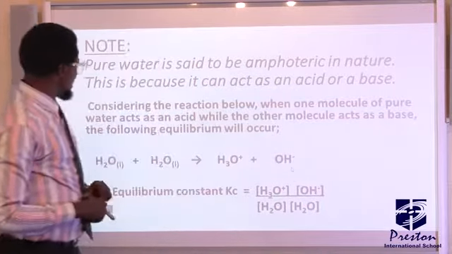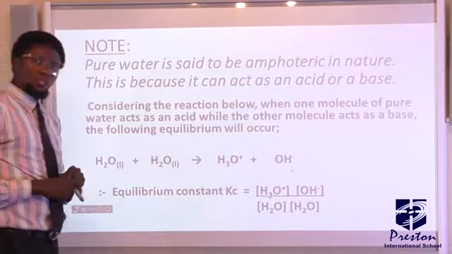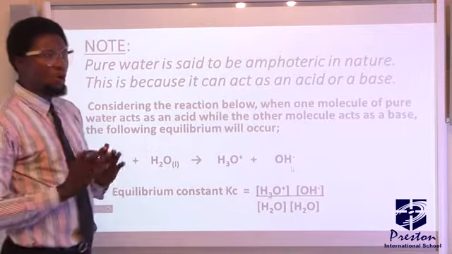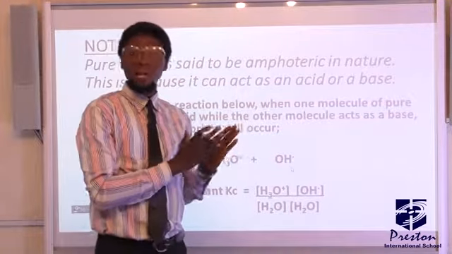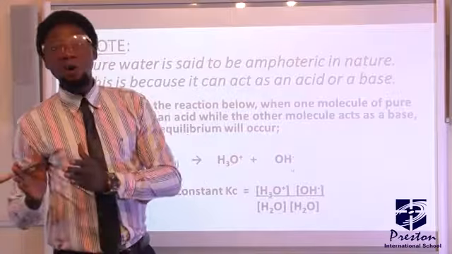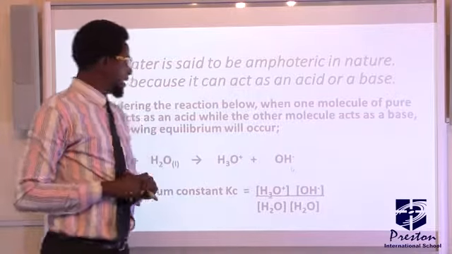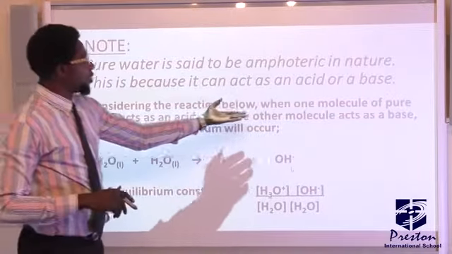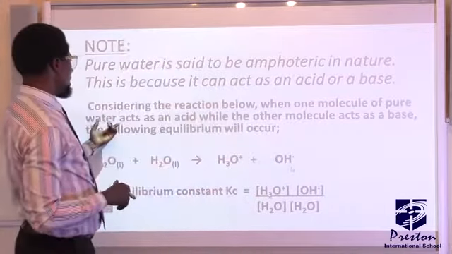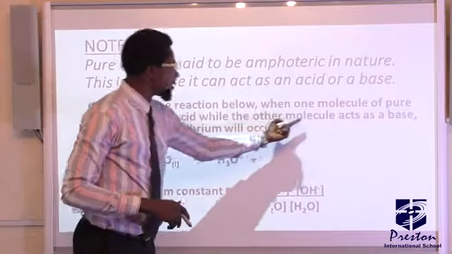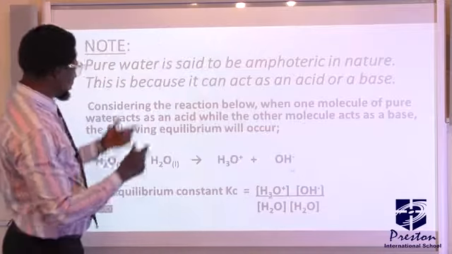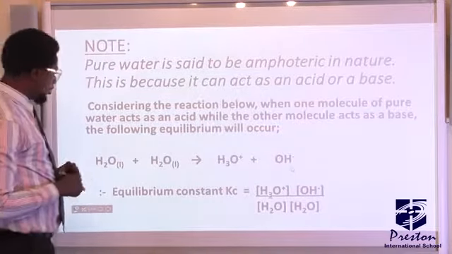or as a base. Now, let us consider a reaction in which 1 mole of water is acting as an acid, while the other 1 mole is acting as a base. Considering the reaction below, when 1 molecule of pure water acts as an acid, while the other molecule acts as a base, the following equilibrium will occur.